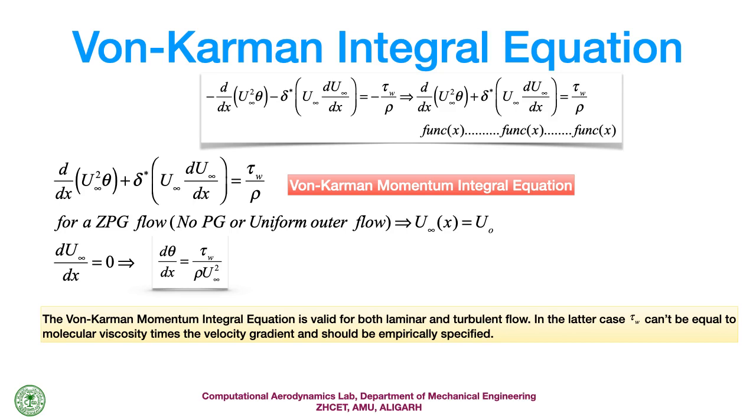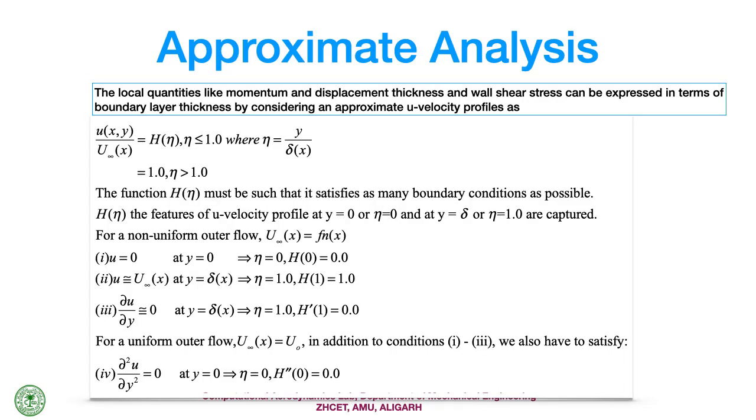Just that you need to adjust the wall shear stress. It will not be only molecular; it will be based on both the molecular as well as the turbulent contribution, and the empirical value of mu naught. So let us use this approximate analysis.